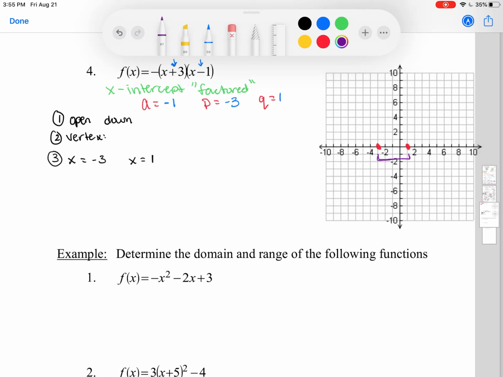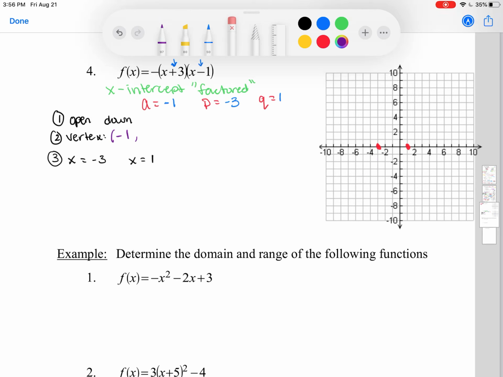So as I have 4 spaces, the halfway point between those is going to be right here. So you'll only know your x value, but you know that your vertex is going to lie anywhere on that x value of -1. So I'm going to identify that my vertex is going to have an x value at -1. Again, that's because it's the halfway point between both of my two x-intercepts.